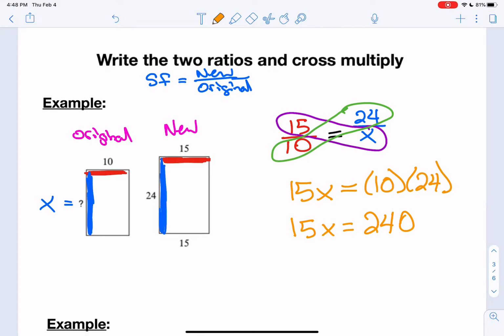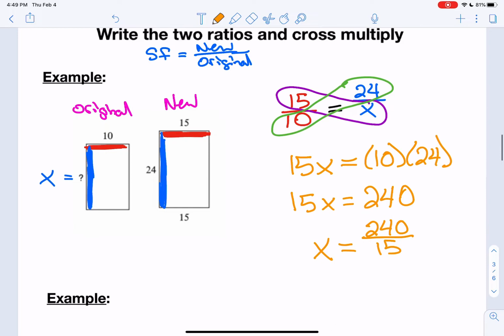That means some number times 15 gives us 240. We don't know what number to multiply with 15, but we can go backwards and we can figure out x by doing 240 divided by 15 should give us x. And 240 divided by 15 equals 16.